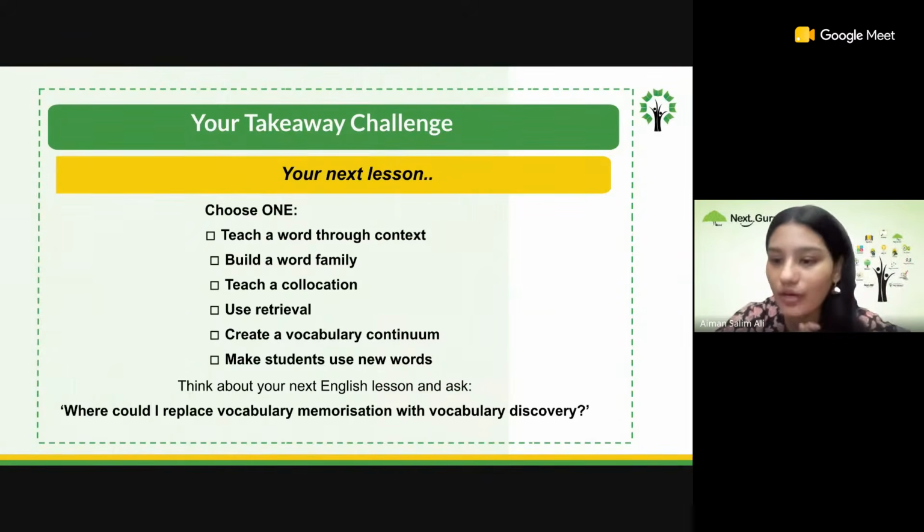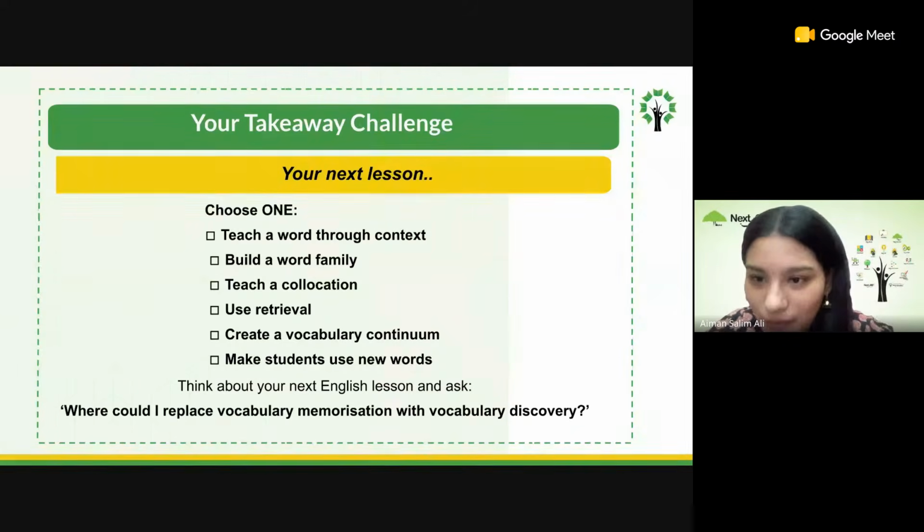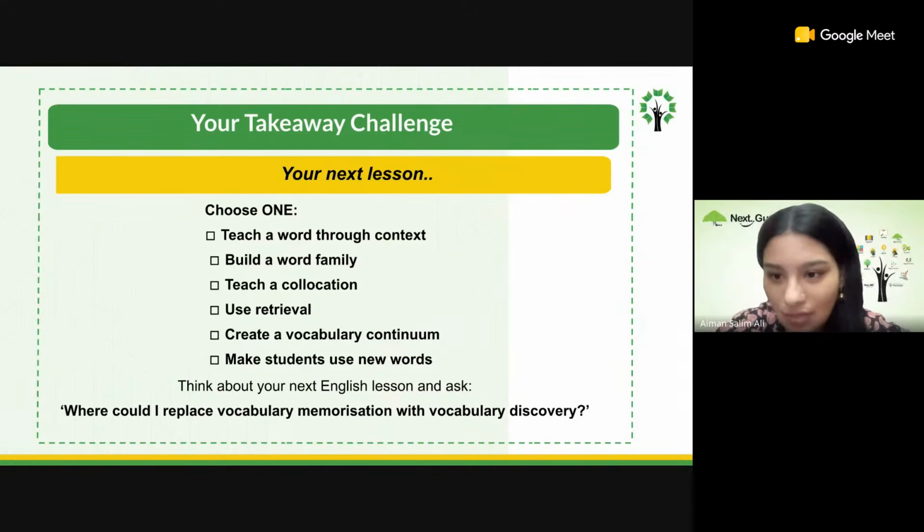Would you like to teach a word through context, build a word family, teach a collocation, use retrieval, create a vocabulary continuum, make students use new words? Which one would you like to use in your next class? Okay. Nasreen says word family. Preeti says one by one all. Teach with context, make students use new words. Contextual. Great.